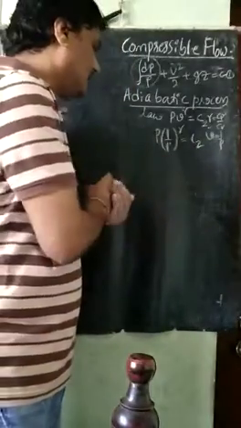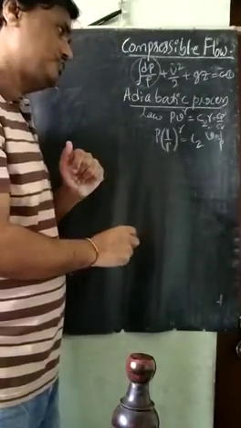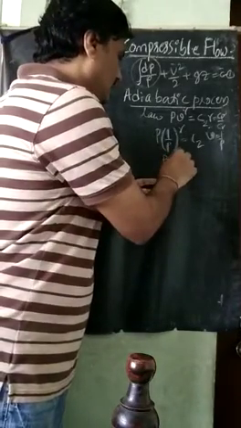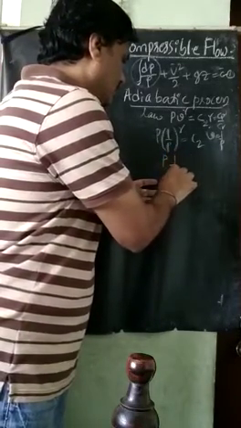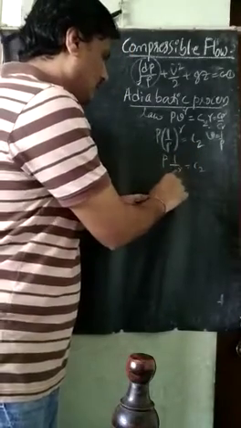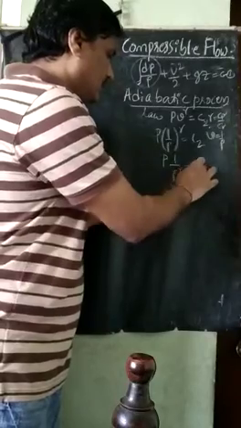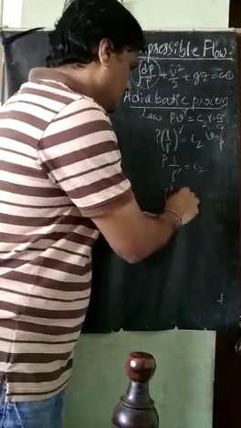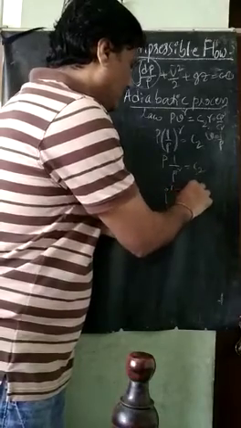Next, I will make the density the subject. P times 1 divided by rho raised to gamma is equal to C2. I will take this rho raised to gamma to the right-hand side, so it is equal to P divided by C2.